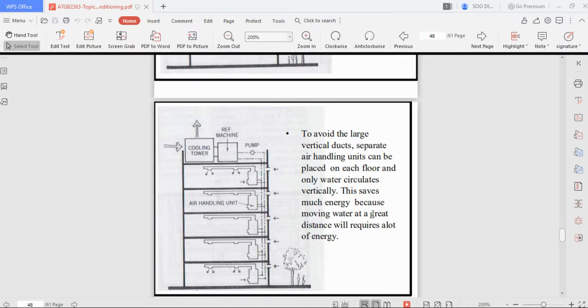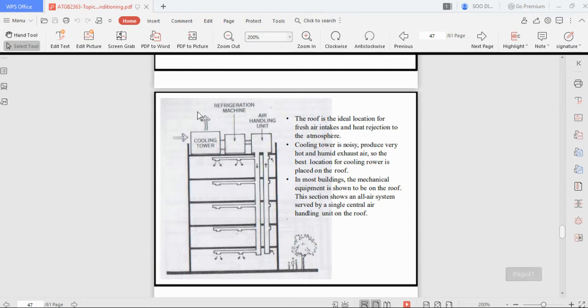Mainly we want to only move the air, because if you are to move water, then you need a pump. You need a very powerful pump. So if you can see here, for this first configuration, there is no need for a pump, because the distance from the refrigeration machine to the air handling unit is very close by.